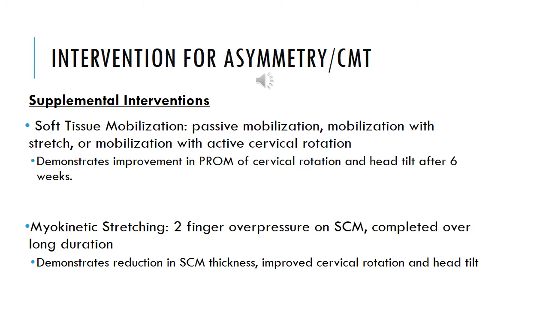Each overpressure is about 30 seconds in length, and the duration of that intervention would last about 30 minutes. After that, you'd follow with your traditional therapy as it relates to active range of motion and getting the child out of their preferred positioning.